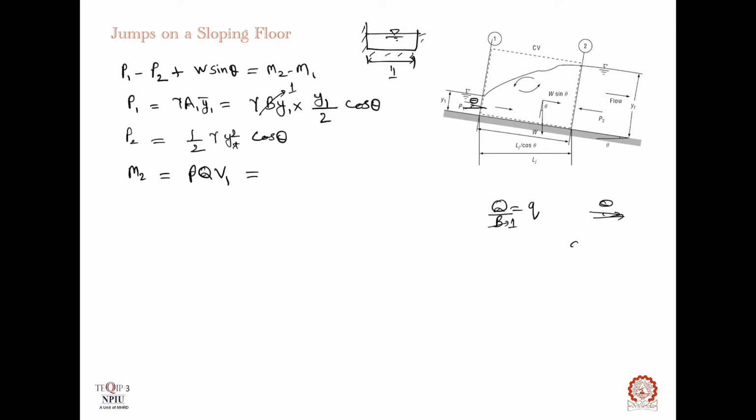And we know that Q is equal to V1 Y1 is equal to V2 Y2. That's why here we can substitute the value of V1 by Q divided by Y1, and this term ultimately will become rho Q square divided by Y1. In a similar way, M1 is equal to rho Q V2 is equal to rho Q square divided by Y2.